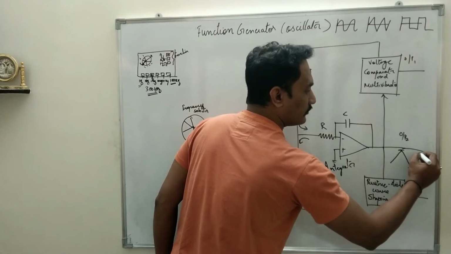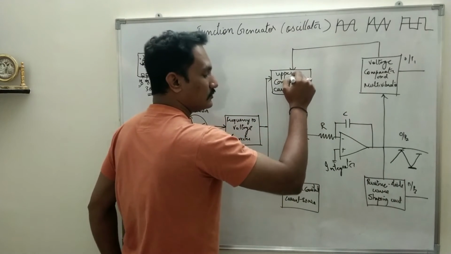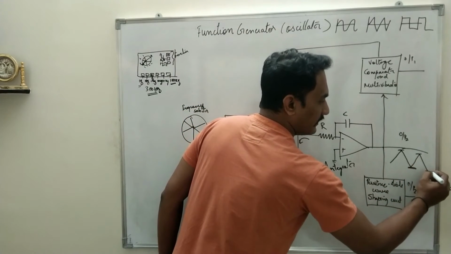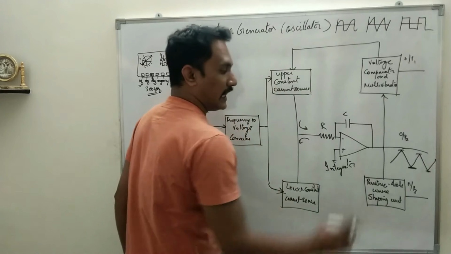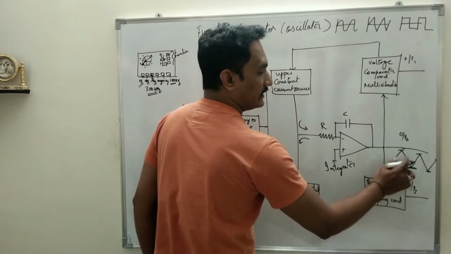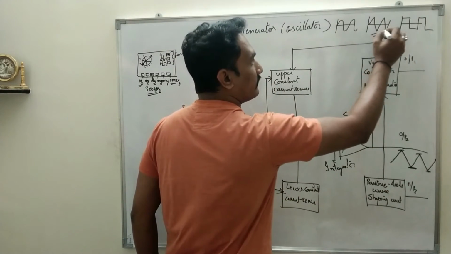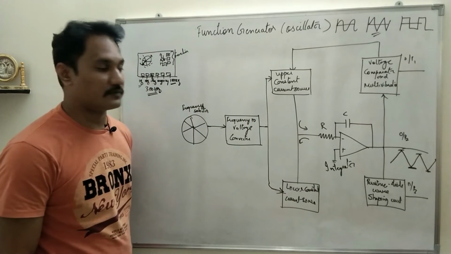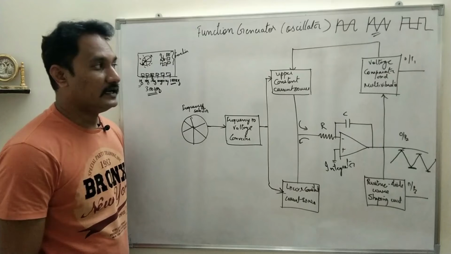At the predetermined level, the upper constant current source will be switched off and the lower current source will be activated, and that is how the output of the integrator will produce the first function, the triangular waveform. So one function is produced directly at the output of the integrator.